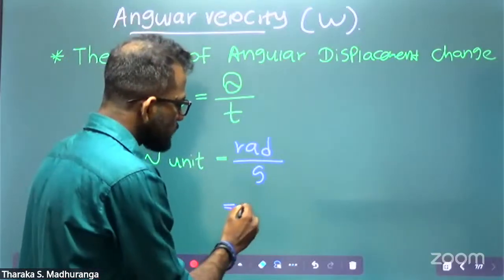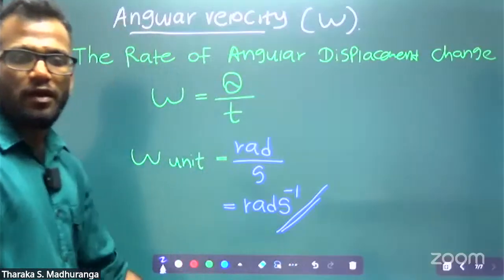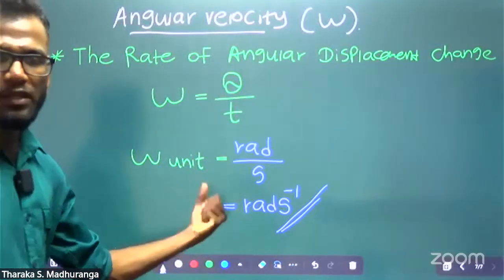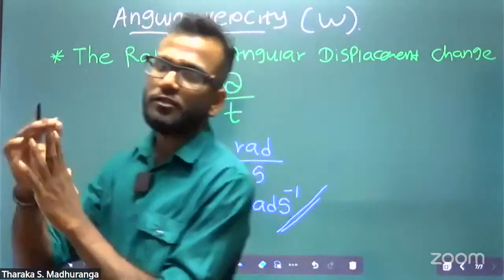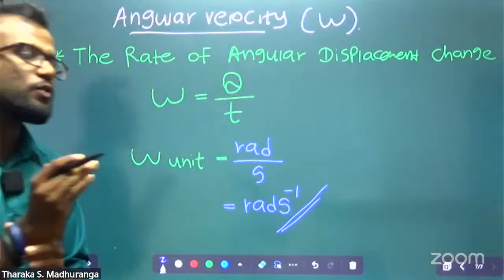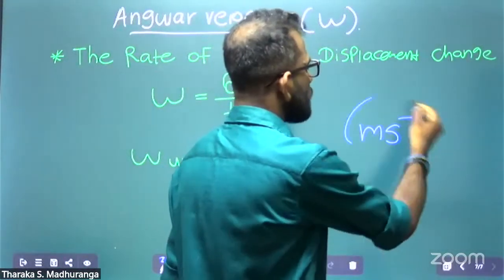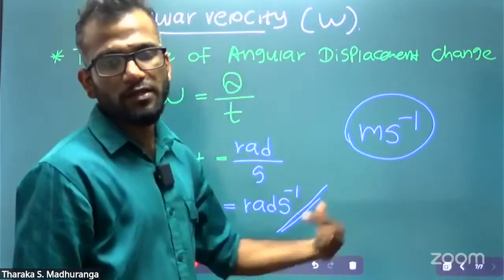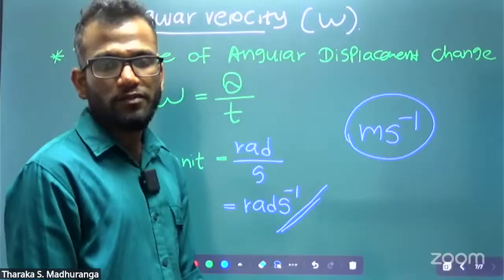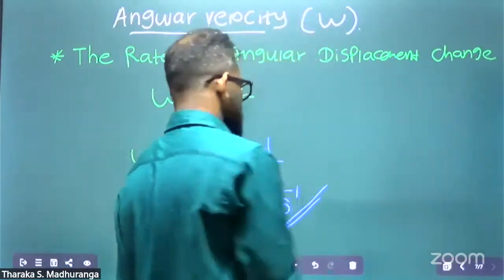So radians per second, rad s minus 1, is the unit of angular velocity. In velocity the unit is meters per second, ms minus 1, do you remember? But the angular velocity unit is radians per second, rad s minus 1. Okay, it is very simple.